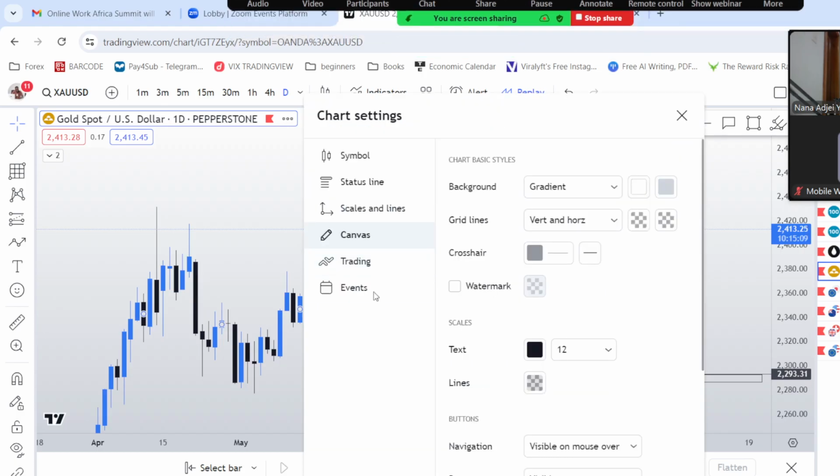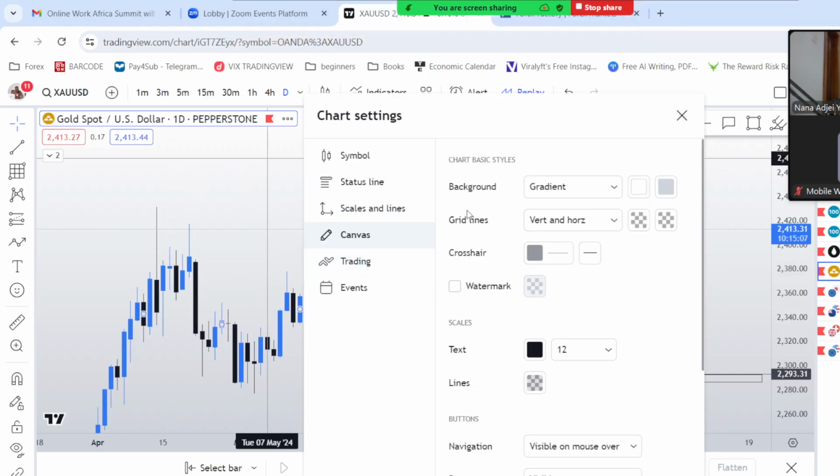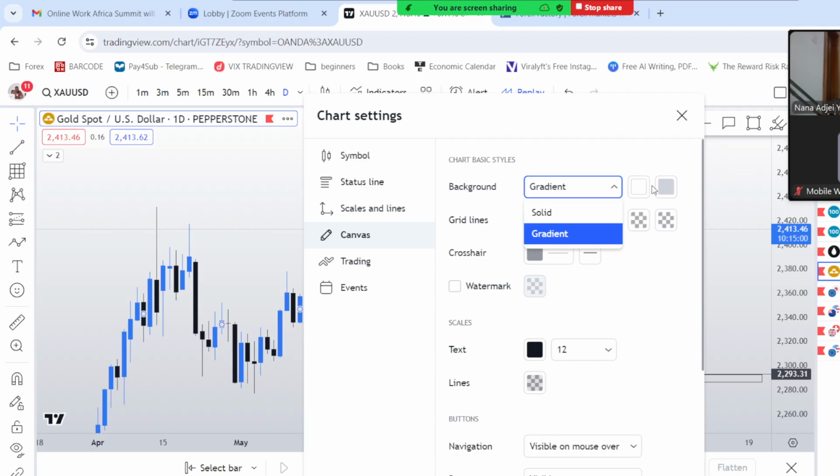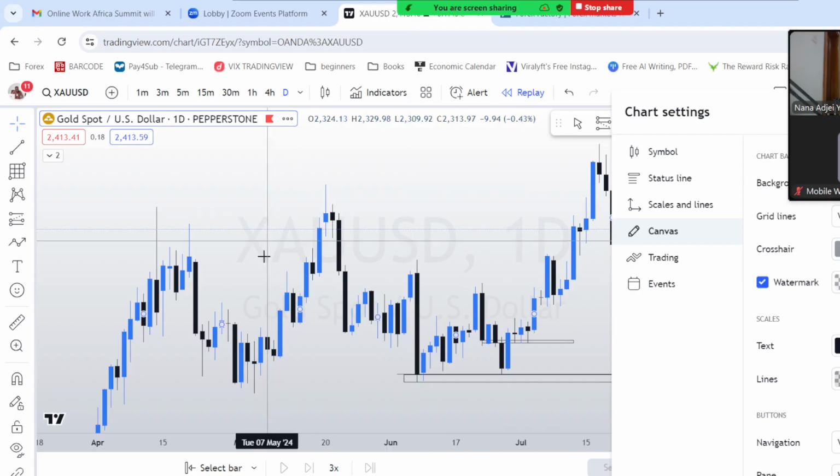You can also change the entire canvas, where you can have a gradient background, or any background of your choice, whether plain white, or gray, or whatever you want. You can also add a watermark to your TradingView. You can see there's a watermark on my screen indicating the particular instrument that I am analyzing.